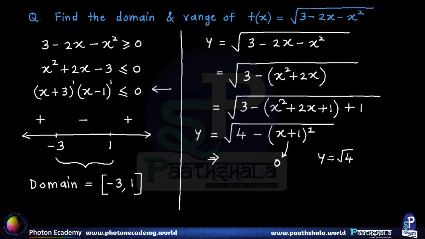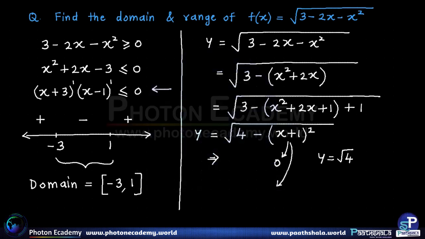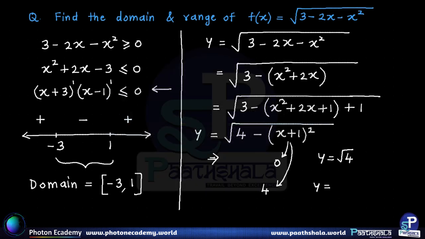whereas the largest allowed value of x plus 1 the whole square is 4, because if it exceeds 4 then we will have a negative number inside the square root, which is not allowed. So the maximum it can have is 4. In that case y turns out to be root of 4 minus 4, that is nothing but 0.